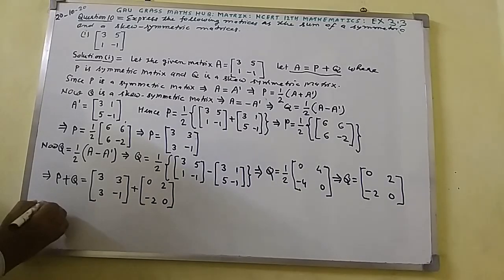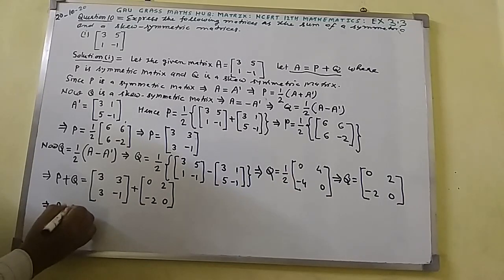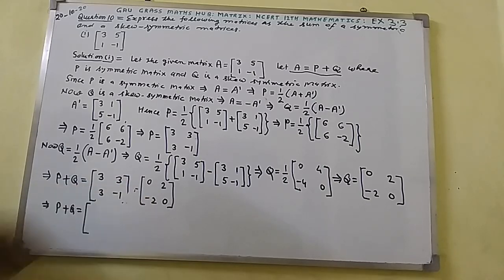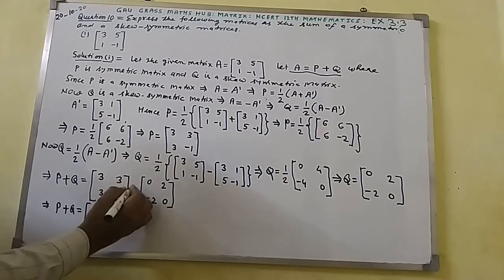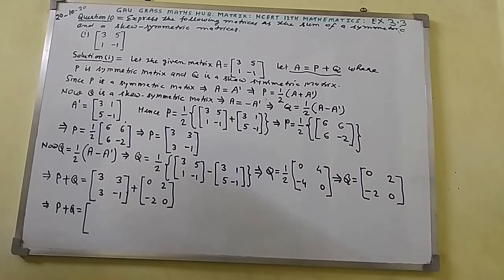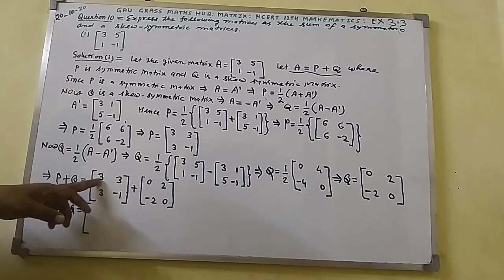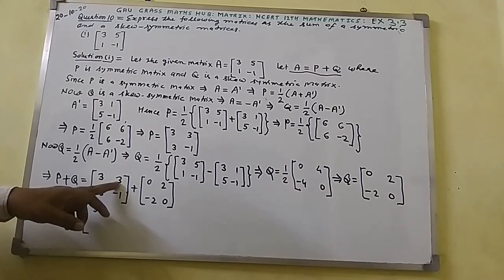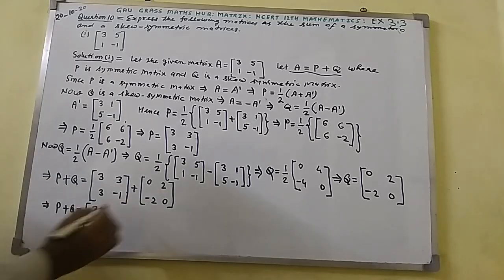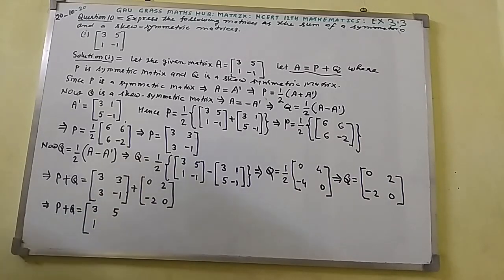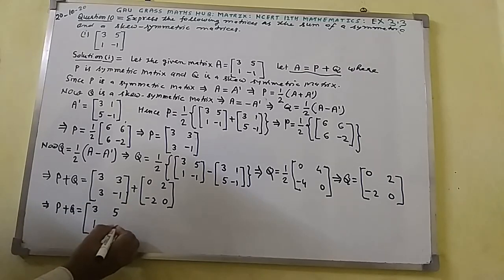So P plus Q equals, with the respective elements added together: 3 plus 0 gives 3, 3 plus 2 gives 5, 3 plus minus 2 gives 1, and minus 1 plus 0 gives minus 1.